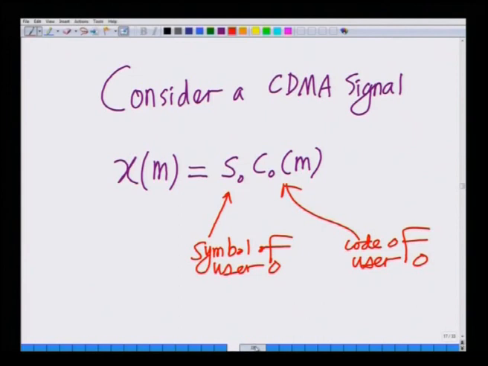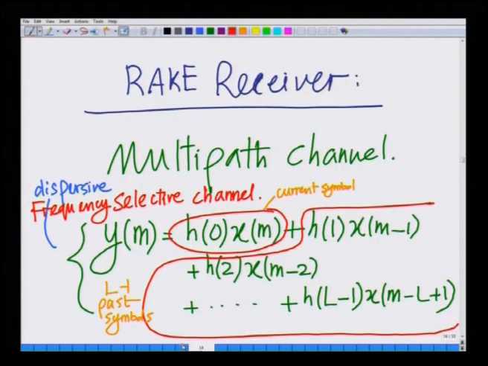Now I will pass this through this multipath channel. Let us see what we receive at the output when this CDMA signal passes through this multipath channel with channel taps h0, h1 up to h(L-1), which are the coefficients of the channel filter, also known as the channel taps.